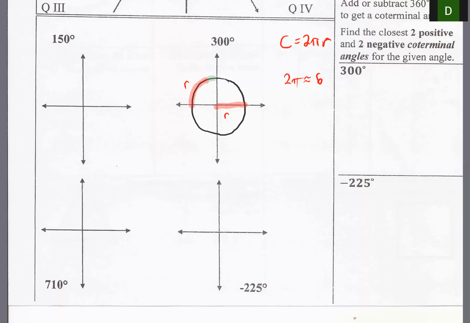So if you take the radius and you curve it, there's 1, 2, 3, 4, 5, and 6.